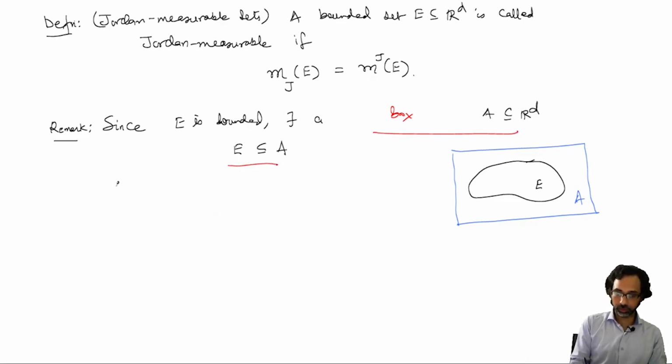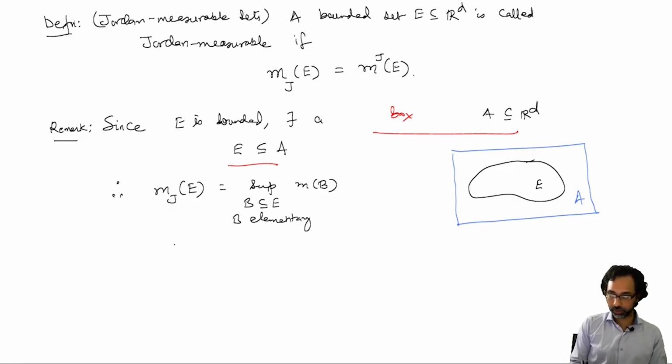Therefore, the inner Jordan measure, which is by definition the supremum of these sets B elementary of M of B. Now we know that here we have all these B's sitting inside E totally.